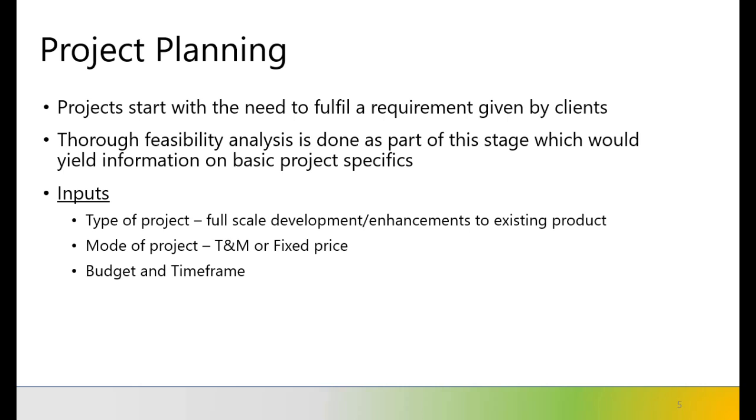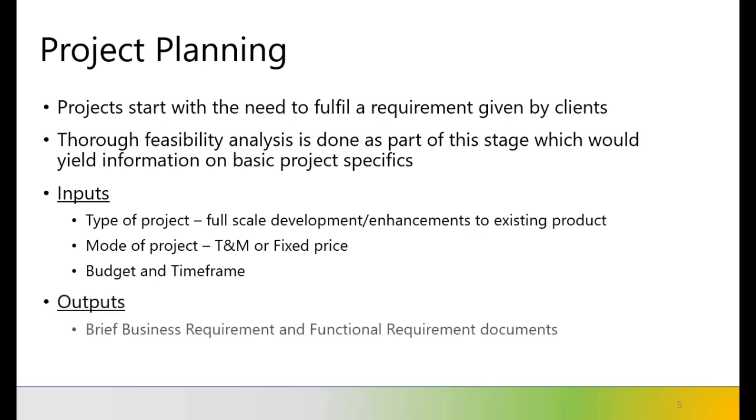And then you'll also understand the budget and the time frame. And then what are the outputs from this project planning phase? You would have your brief requirement set at a very high level, and you'll also have your cost and benefit analysis done.